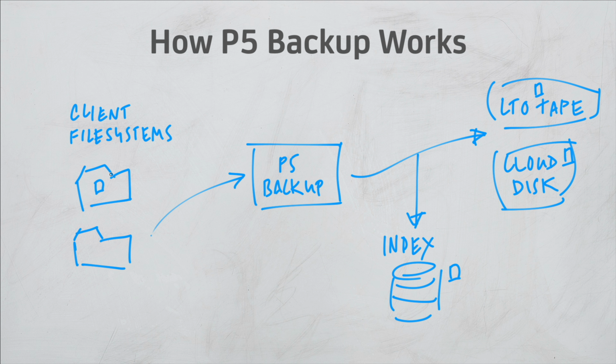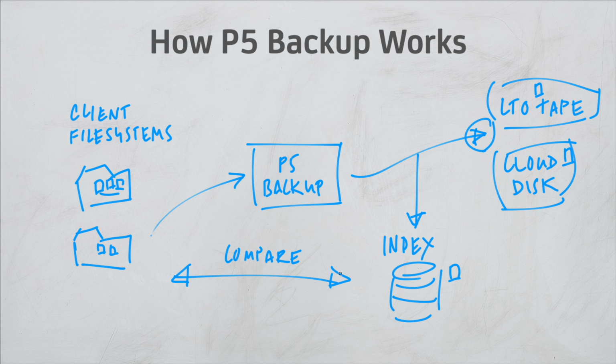Now, the first time that you run your backup, all of the files that you have on the storage that you're backing up will be saved to the target storage over here. But then subsequently, when you run that backup again on the next day, what we'll do is compare the index and the file systems in order to see what we need to save in the next backup, and we're thereby saving only new or changed files.